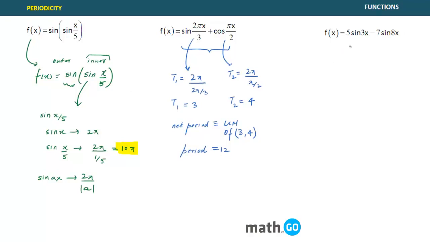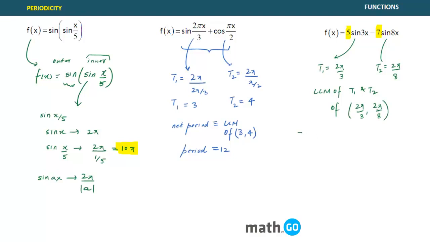Okay, let's apply this again in the third problem. For the third problem, you should not get bothered about this 5 and this 7. They are not required in the period stage. The period of this function T1 is 2 pi by 3, and for this T2, it is 2 pi by 8. Now you want the period of the net function, so we will say LCM of 2 pi by 3 and 2 pi by 8.